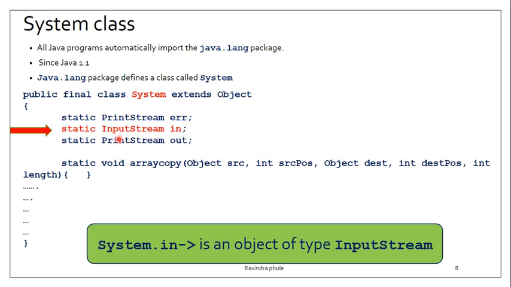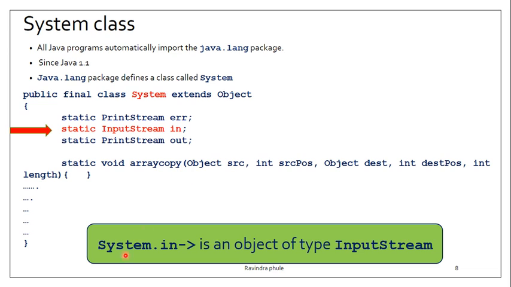And try to understand what the type of in is. It is InputStream. This is another class, from the java.io package, and in is its object.